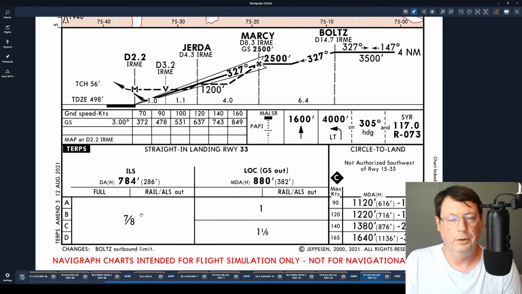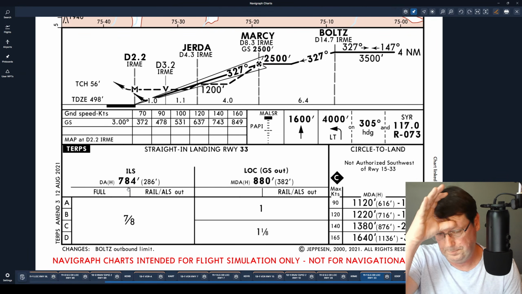It comes down, if you're on a digital display, in 10-foot increments. I would fly it down to 800 feet and then go missed. The 14 feet or the 16 feet between 800 and 784 is not going to rescue my day. I'm not gonna bother with that.